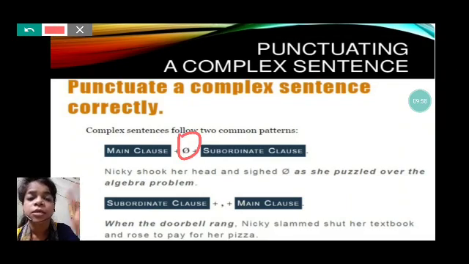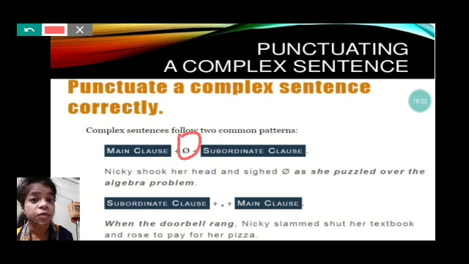Here you can see nothing is there, so no punctuation is needed. Like, Nikki shook her head and sighed as she puzzled over the algebra program. Nikki shook her head and sighed, that is the main clause. She puzzled over the algebra program, this is the subordinate clause, which begins with as, a subordinating conjunction.